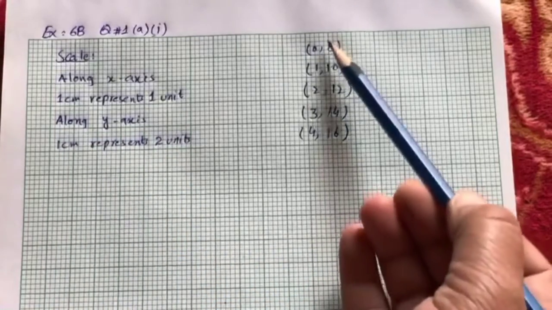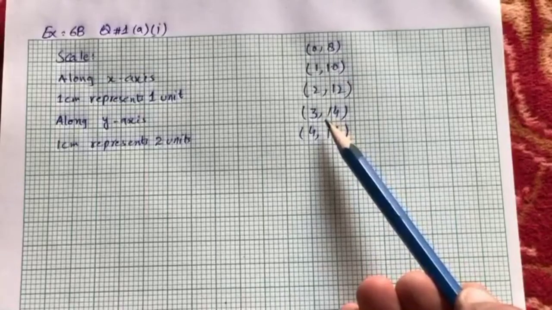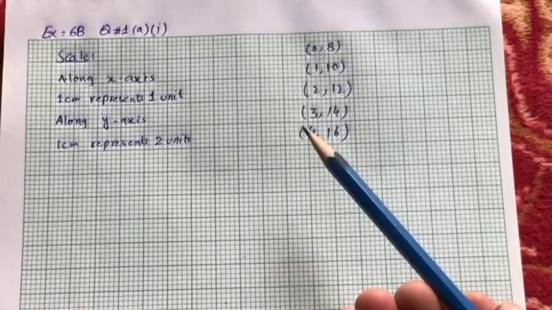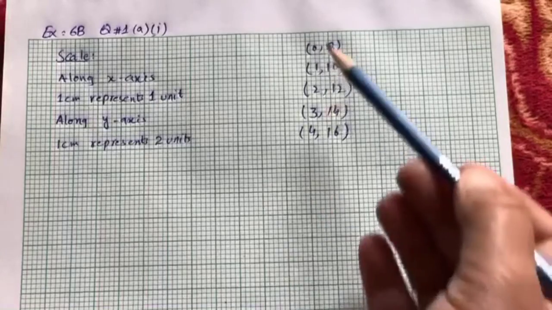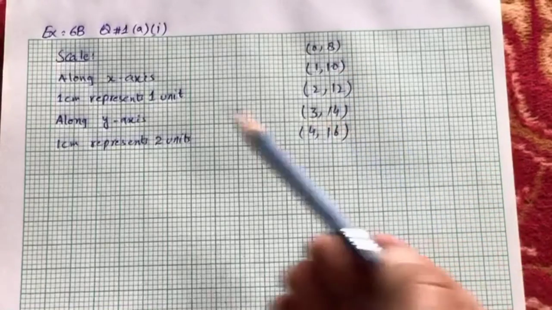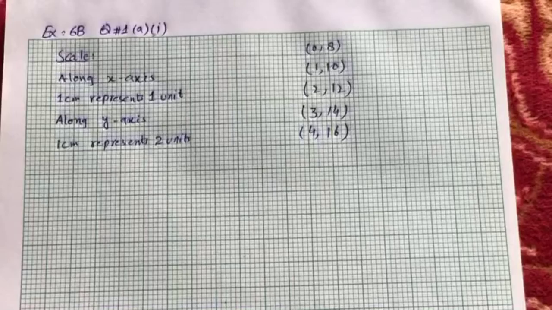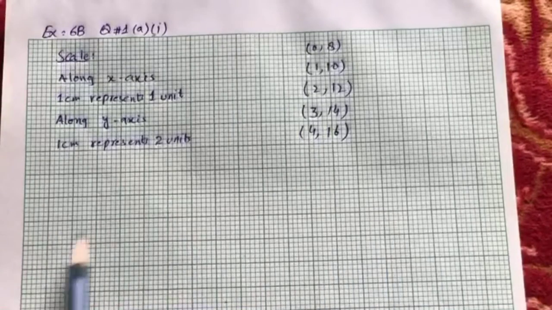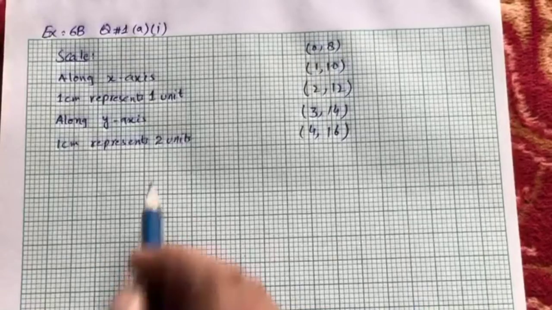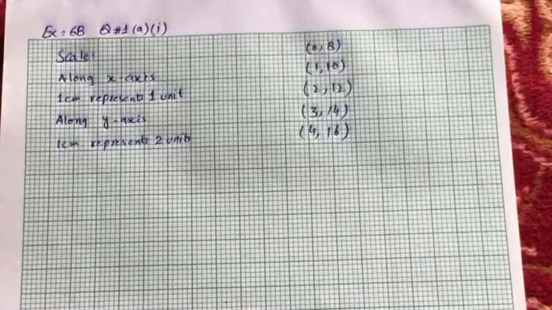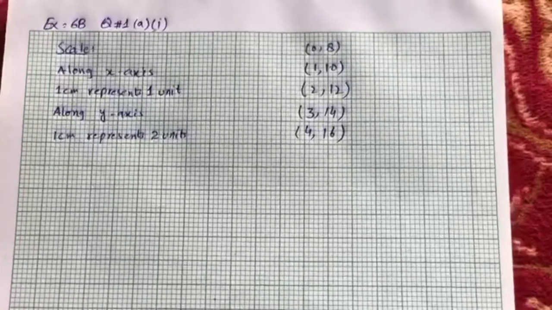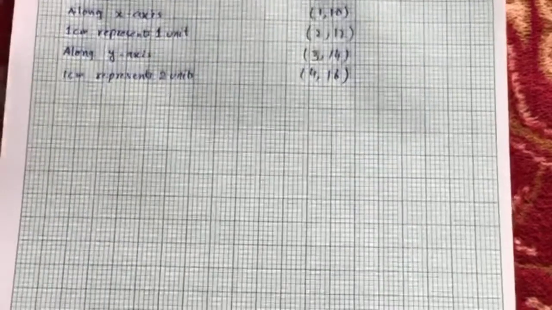These are the points which we have got from question number 1's part A. We will draw these points on a graph paper according to this scale. First of all, as you know, in a graph paper the horizontal lines are the x-axis and the vertical lines are the y-axis. So we will draw the x-axis and y-axis on graph paper.